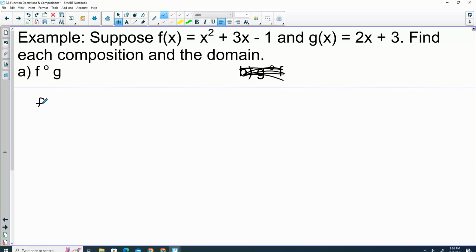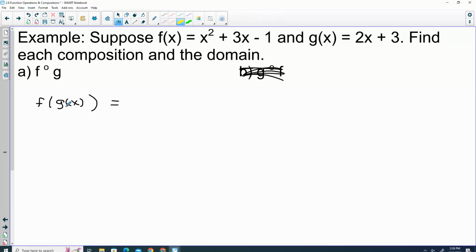So we did the compositions yesterday, but we had numbers. I didn't give you any numbers, so I'm just asking you to compose the actual functions. When you compose them, you start on the inside. So when I say f composed with g, the first thing I'm doing is function g, which is 2x plus 3.